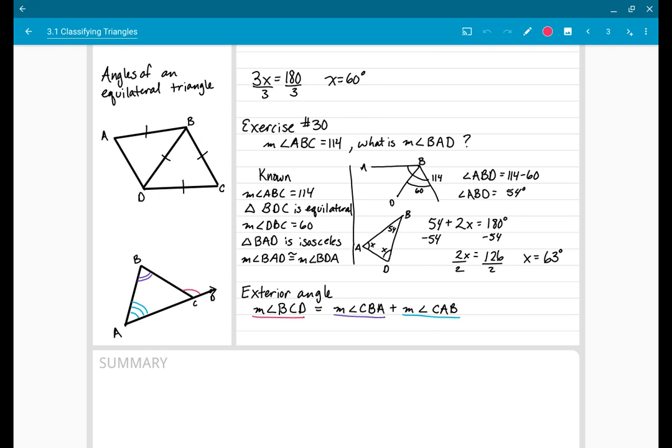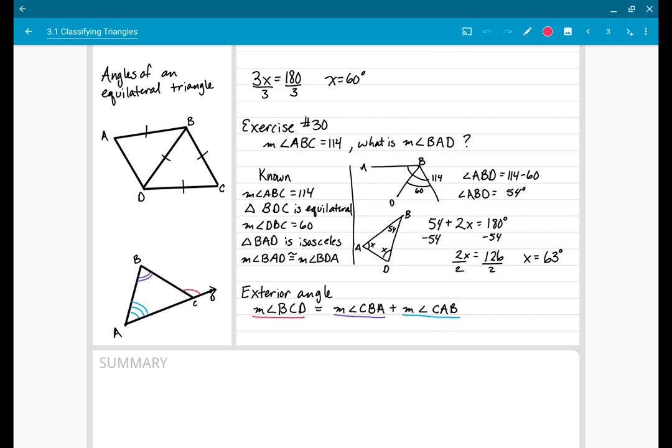I also added that the triangle BAD is isosceles, because it has two congruent sides, which means the measure of angle BAD is congruent to the measure of angle BDA. Next, I figured out what is the measure of angle ABD, so the vertex angle of the isosceles triangle. And using a little subtraction, we figure out it's 54 degrees.